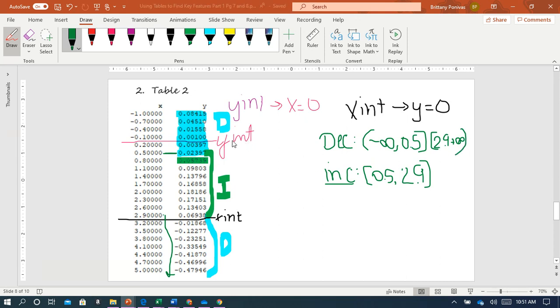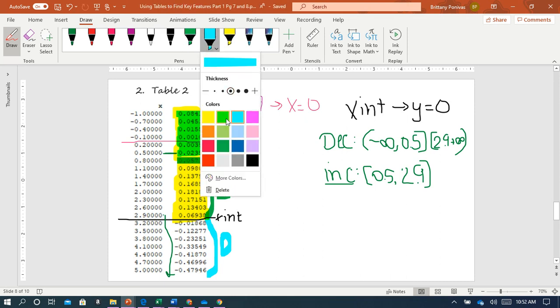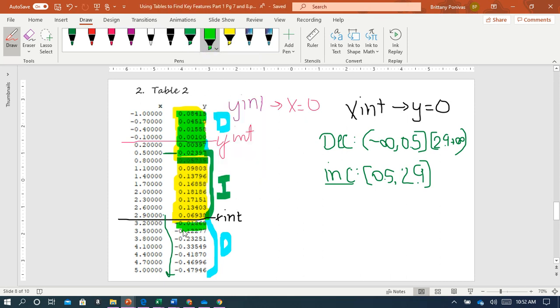Now let's look at positive negative intervals. So all of these numbers here are positive. And then all of these numbers down here are negative.